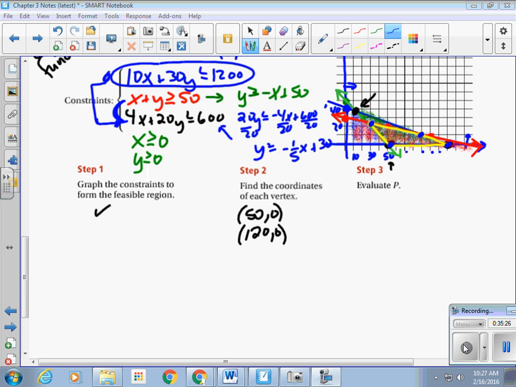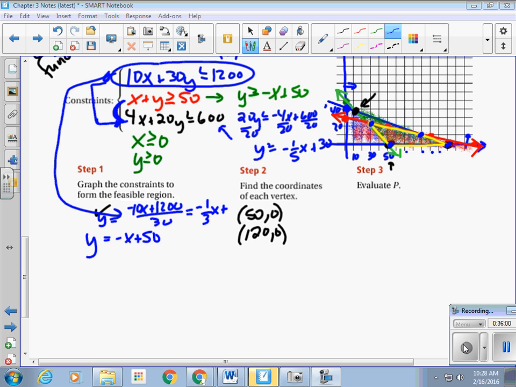All right, so I have this guy y equals negative x plus 50. I'm going to rewrite this in y equals form. So he is divided by 30. So he is y equals negative 1/3 x plus 40.